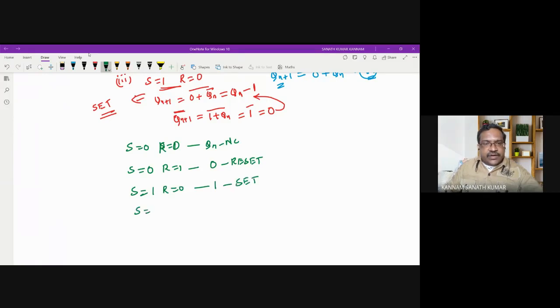And when S equal to 1 and R equal to 1, you can consider this as don't care, that is the indeterminate state.